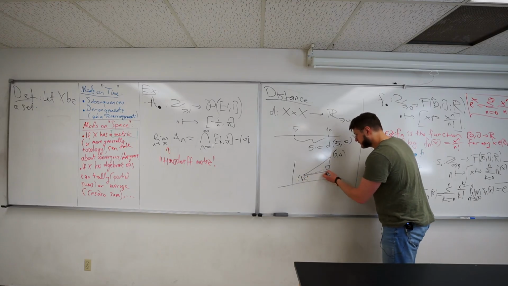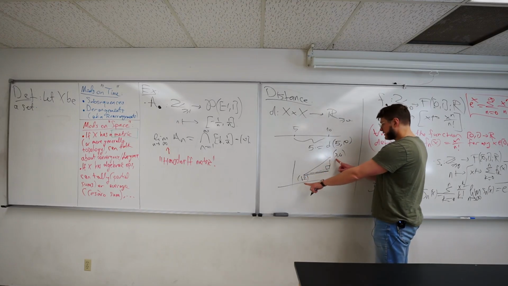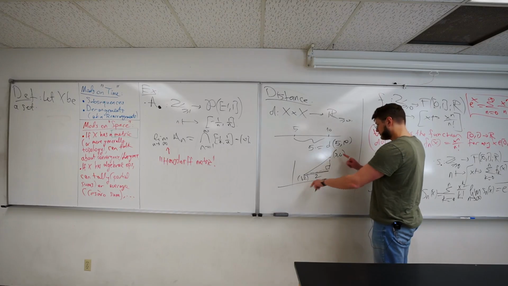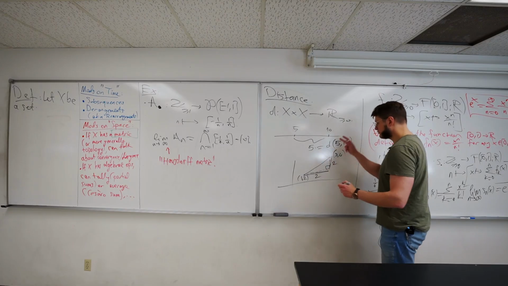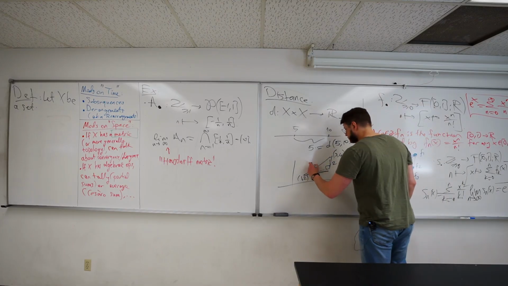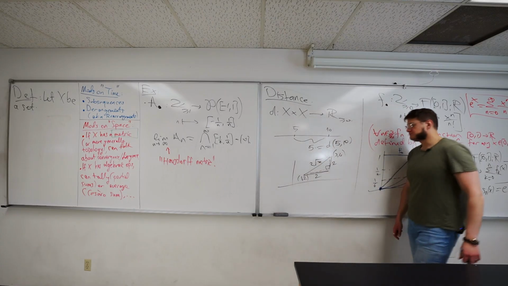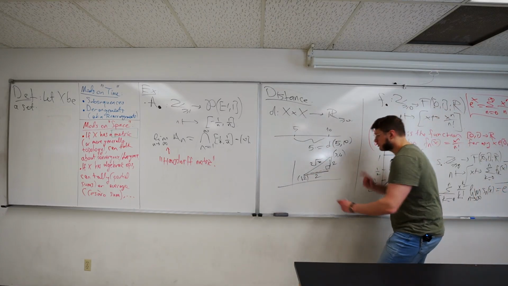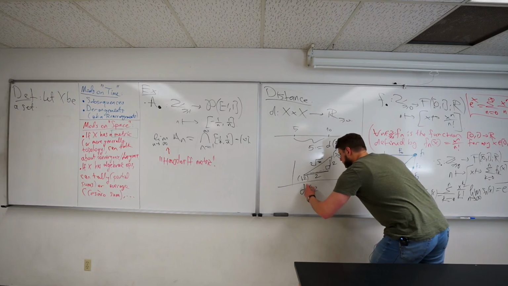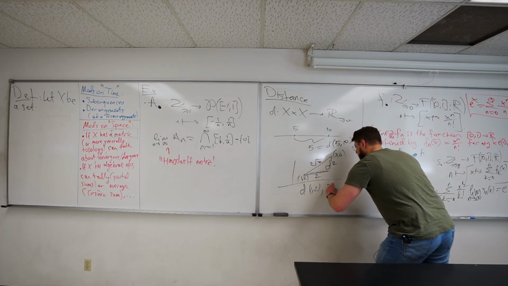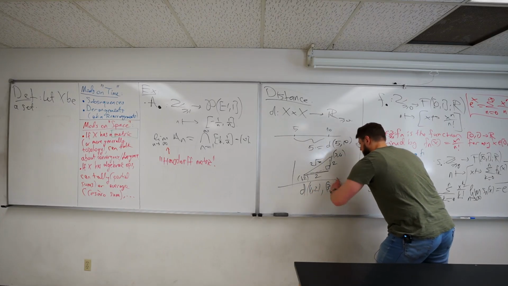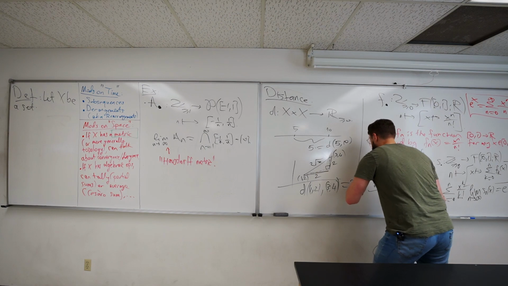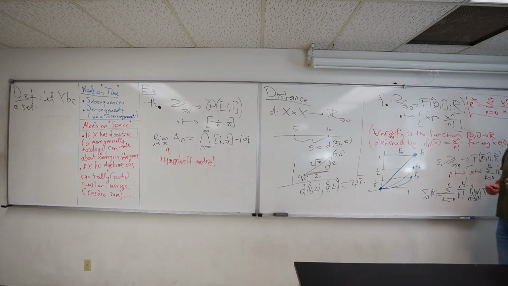You say, oh, this length is 2, and this length is 2 as well. And then Pythagorean theorem tells you that this should be 2 root 2. Then you would say, oh, the distance between these 2 points is 2 root 2. Okay.